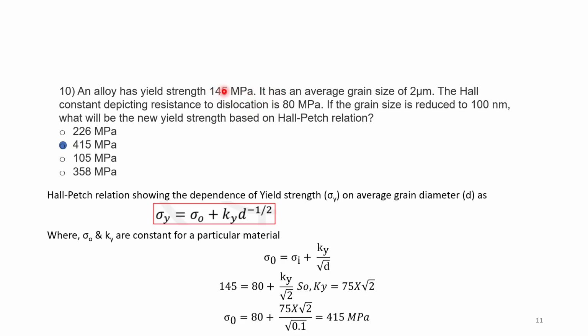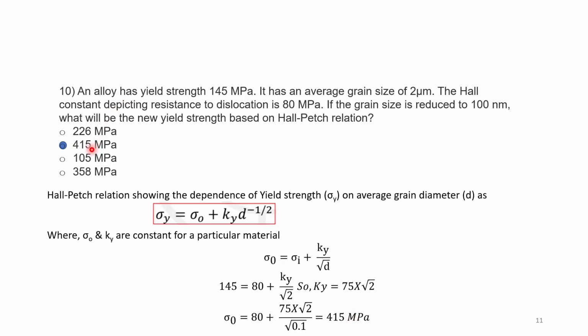So your yield strength is already given, your grain size is given, and the Hall constant is already given. So this sigma naught is given, so this is 80 MPa, and ky you have to find out, or you can directly put this value in the next equation and you can find out the correct answer for the yield strength for the reduced grain size will be 415 MPa.